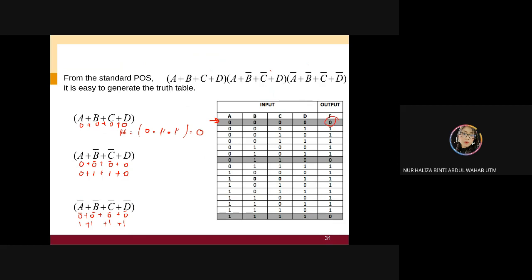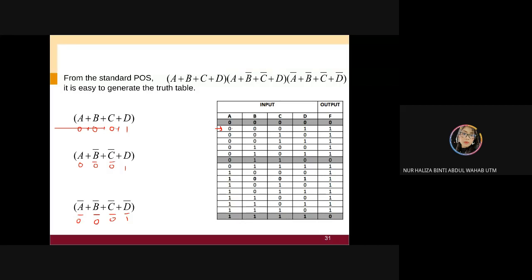Okay, next, let's see the next input: 0, 0, 0, 1. You put A as 0, B as 0, C as 0, D as 1, and add together. Here 0, 0, 0, 1, and the bars.